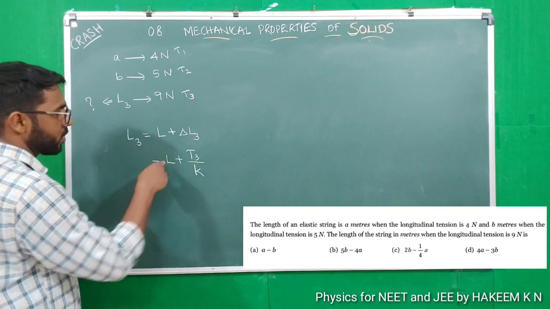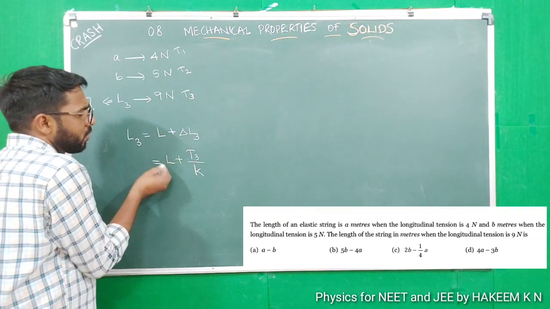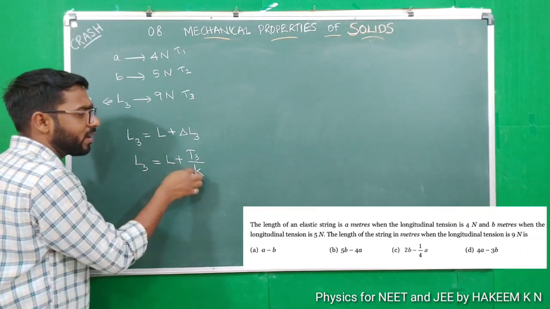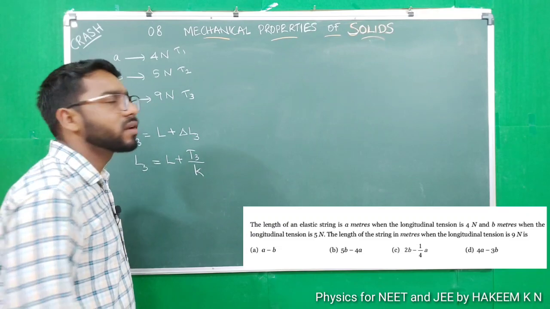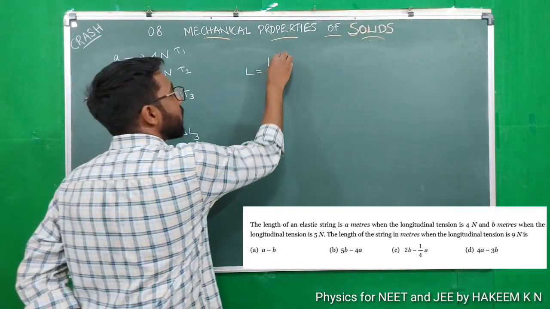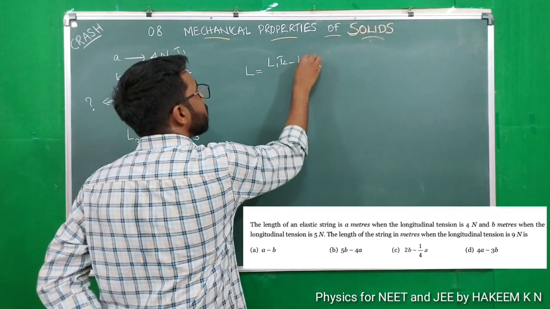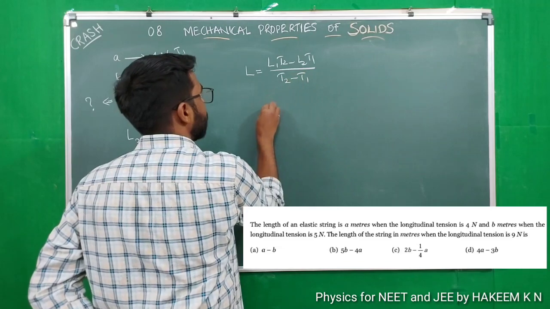Here we can find L and K using the equations that we already studied. What is the L equation? L1 T2 minus L2 T1 divided by T2 minus T1.